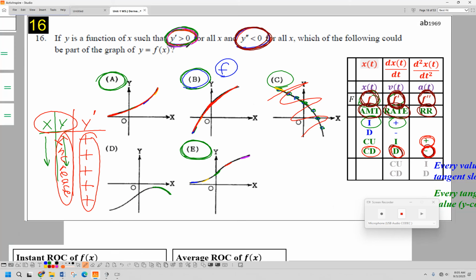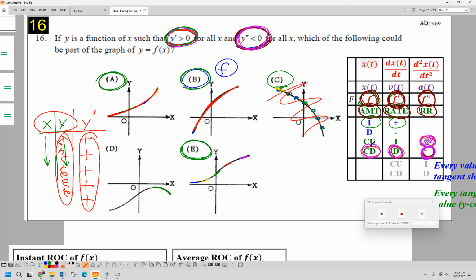Now we check the second clue. The graph is supposed to be a graph where the second derivative is always positive. No, sorry, backwards. Always negative. That's what this says. Which means our slopes are supposed to be decreasing in value one by one, which will cause the shape of f to be concave down.